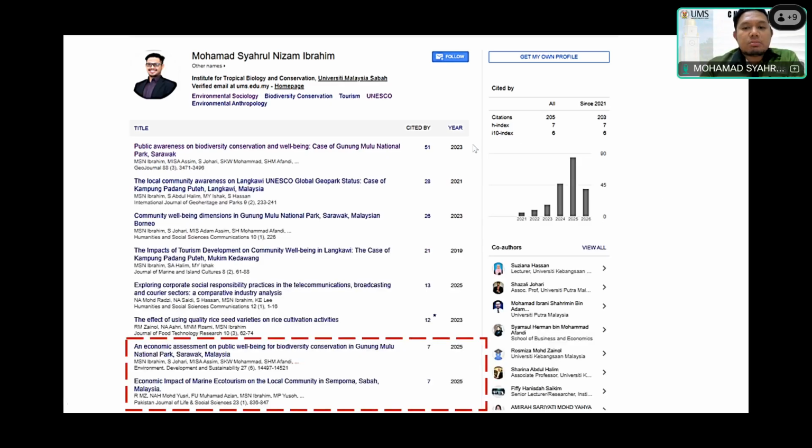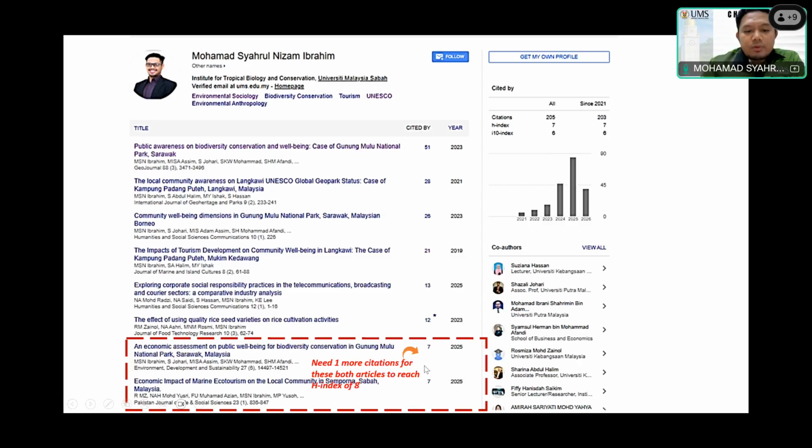So this is my small H index here, 7, but yeah, it grows from time to time. So you can see from cited by, right, from 1, 2, 3, 4, 5, 6, 7, the 7th and 8th. So I need one more citation for the 7th and 8th paper here, right?